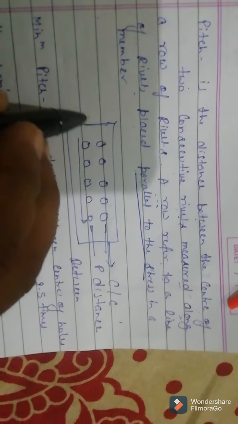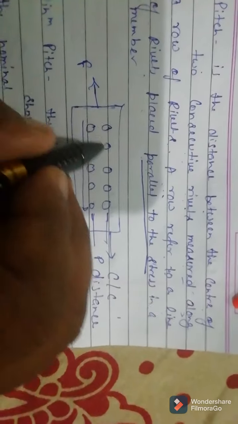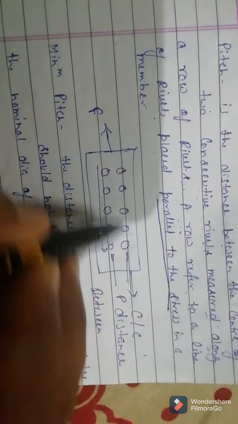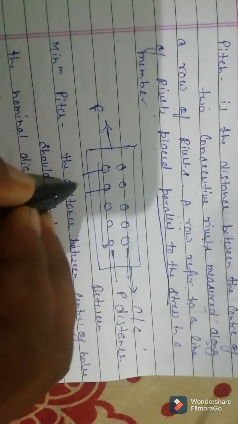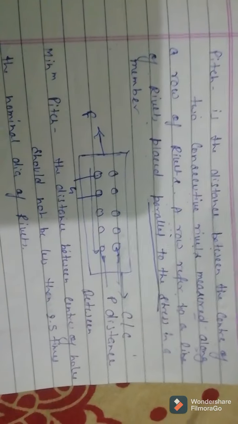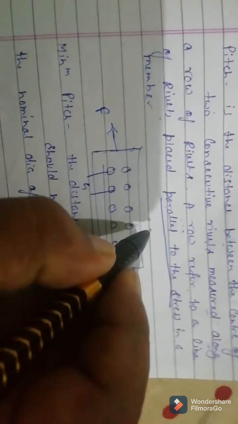If the force is applied here and here, these are the rivet rows; this distance is called gauge and this distance is called pitch. Remember, gauge and pitch are center to center distances between the rivets.